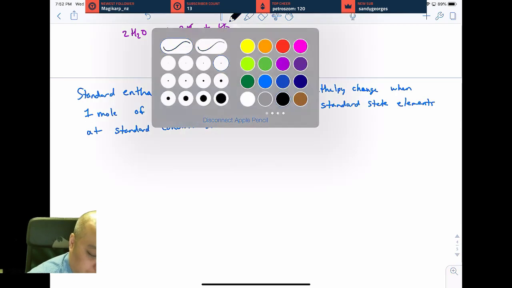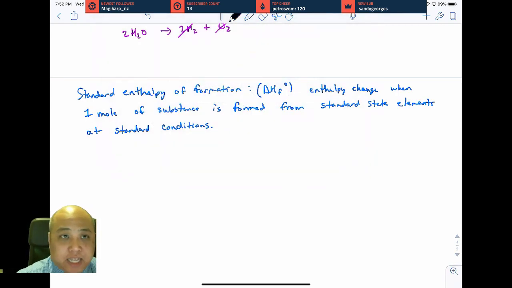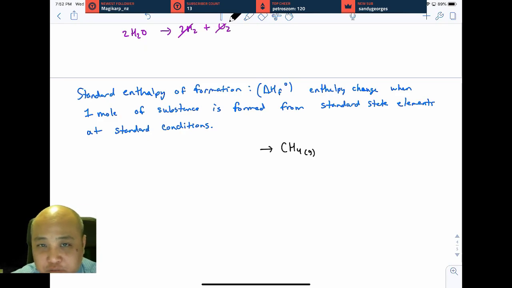what you can do is, for example, let's say I have CH4, and that's a gas. And I want to write the enthalpy of formation reaction for that, which is something the IB might have you do on the multiple choice or the short answer. You have to come up with the standard state elements for that reaction. And so it is carbon solid plus H2 gas.